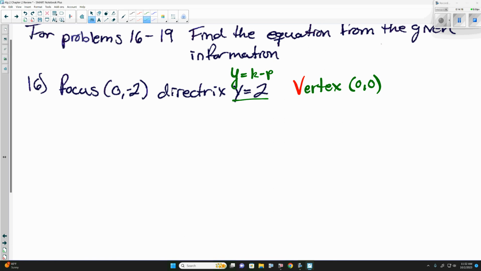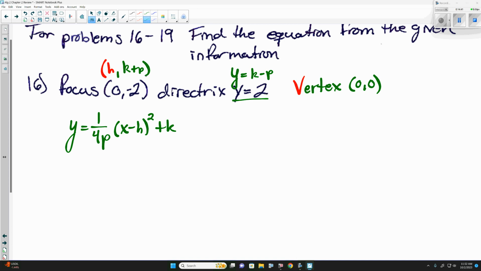It's a little bit easier to determine between the two, which is really telling us that our equation is y equals 1 over 4p times (x minus h) squared plus k.